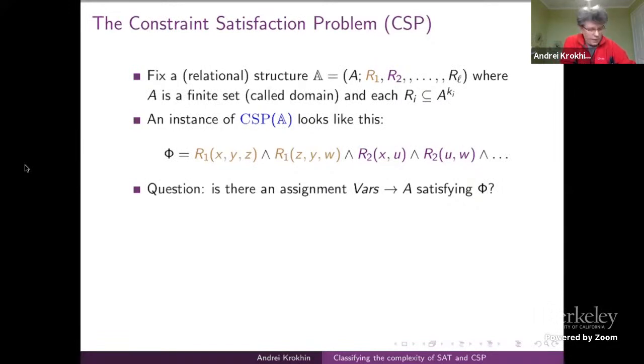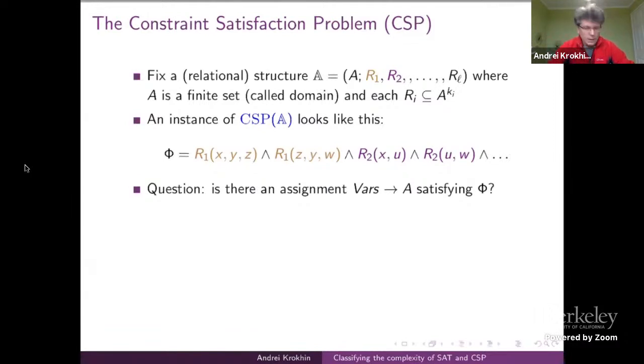So again, we have some variables, and to some variables we apply the constraint R1, to some other variables we apply the constraint R2, and so on. And the question is the same as for generalized satisfiability. Is there an assignment from variables to the domain that satisfies this formula? Okay, it satisfies all constraints.